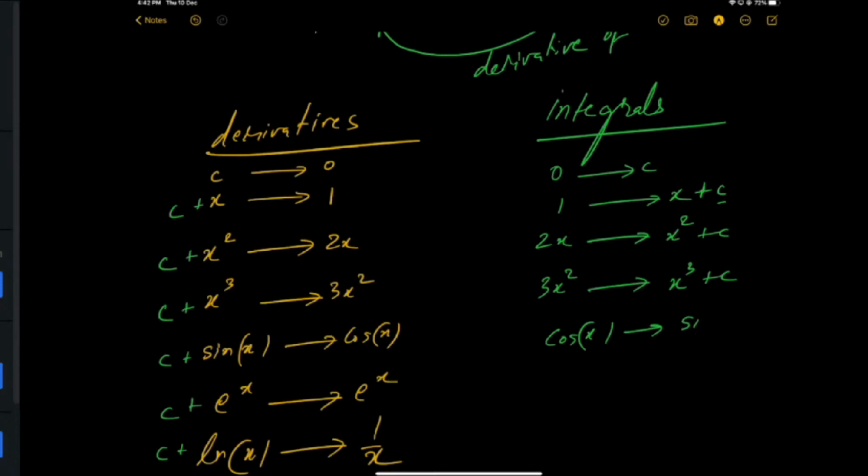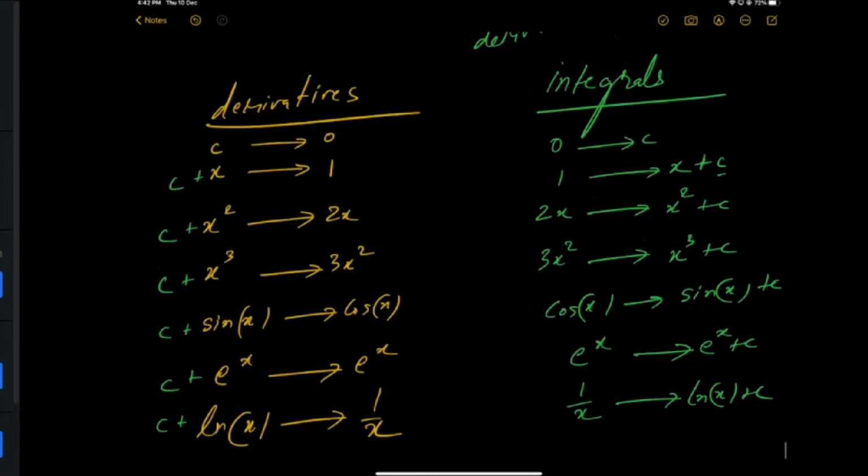It's sin x. What is the integral of e power x? It's e power x plus c. And what is the integral of 1 by x? It is natural log of x plus c. That means the formulas are different. If something is the derivative of something, then the integral goes in the backward direction. That's what integrals are.